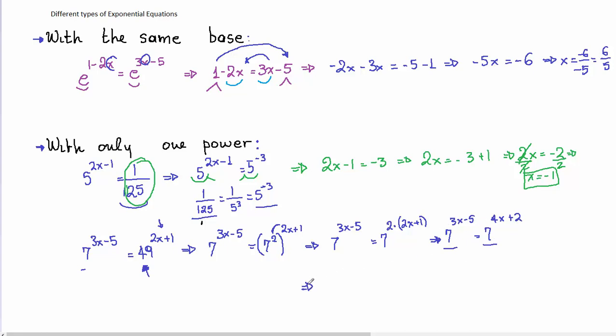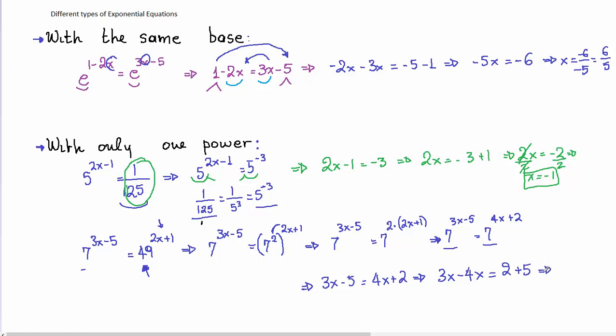This will tell me that the exponent of the left power will be equal to the exponent of the right power. This will give me a linear equation that I need to solve. 3x minus 4x is equal to 2 plus 5.